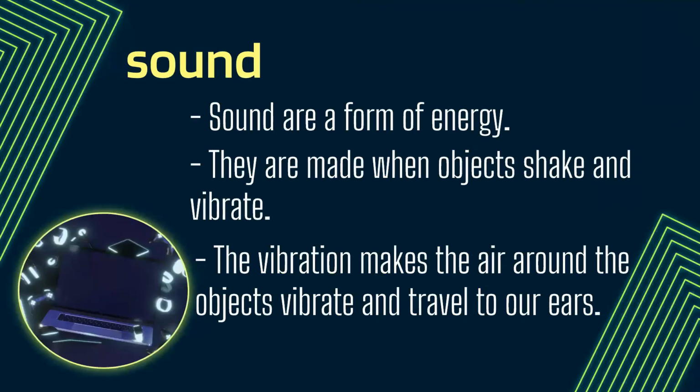Now let us define what is sound. Sounds are a form of energy. They are made when objects shake and vibrate. The vibration makes the air around the objects vibrate and travel to our ears. For example, when a bell shakes, it rings.